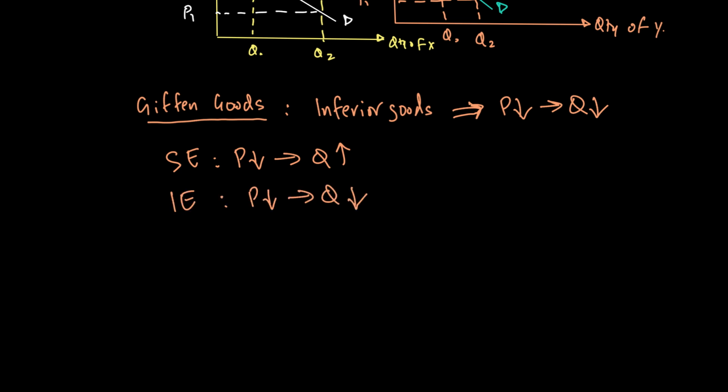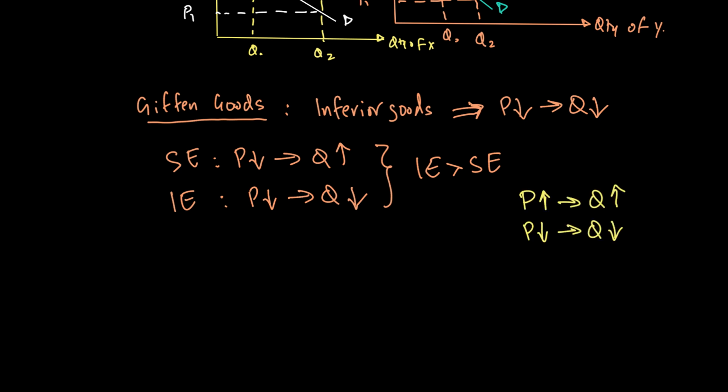But in this case, the income effect is more powerful than the substitution effect, and the way we define Giffen goods is that these are the goods where demand rises as the price increases and falls as the price decreases. And this is basically a special kind of inferior good where the income effect is more powerful than substitution effect, or income effect outweighs substitution effect, leading to an upward sloping demand curve.